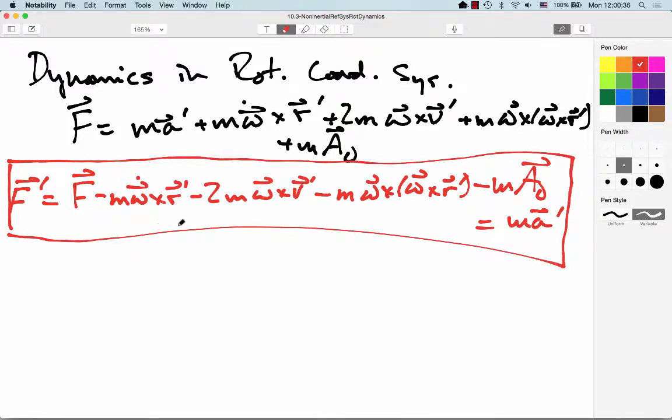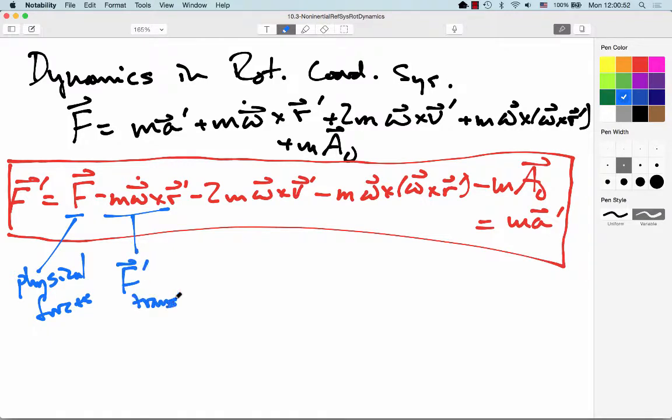So each of these has names. These are the physical forces. And then following from before, this is the transverse force. This is the Coriolis force. This is the centrifugal force.